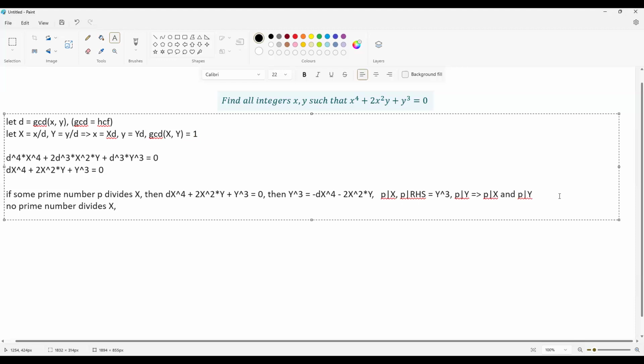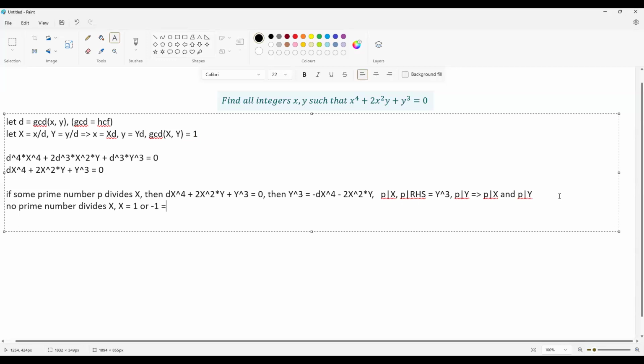So that means x is equal to 1 or negative 1, because any number bigger than 1 or less than negative 1 has prime factors. And that also means x squared is equal to 1. So let's put that into this.